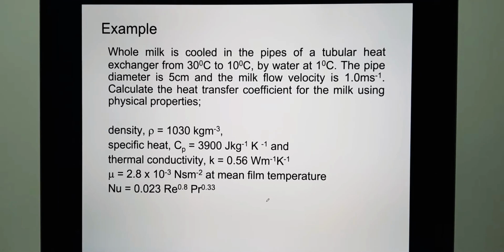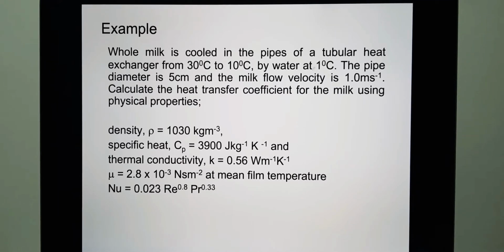Alright, now let's move on to the example for this particular subtopic. So for whole milk, it is being cooled in the pipes of a tubular heat exchanger from 30 degrees Celsius to 10 degrees Celsius by water at 1 degree Celsius.